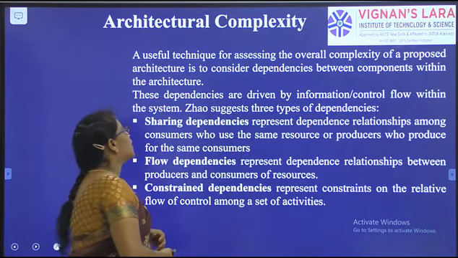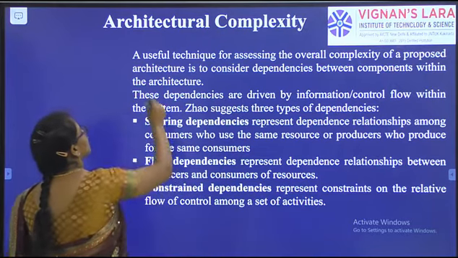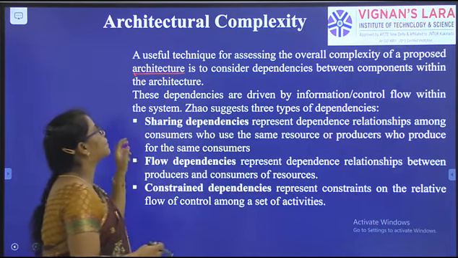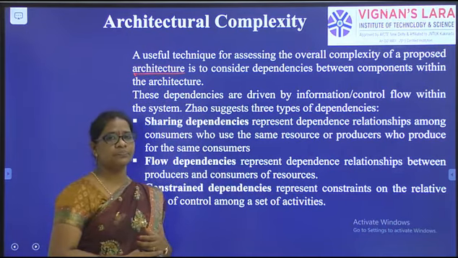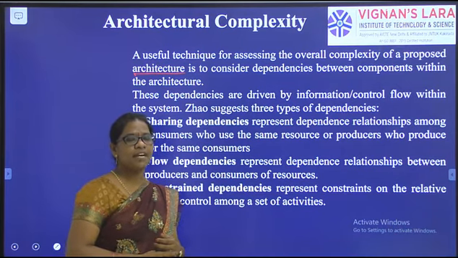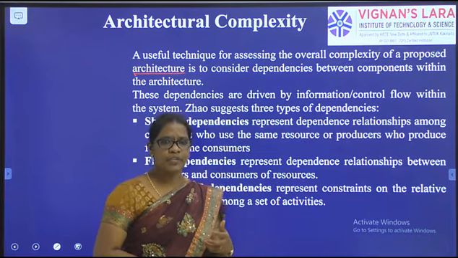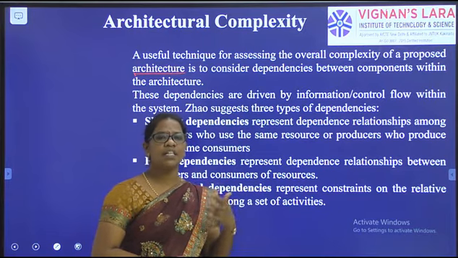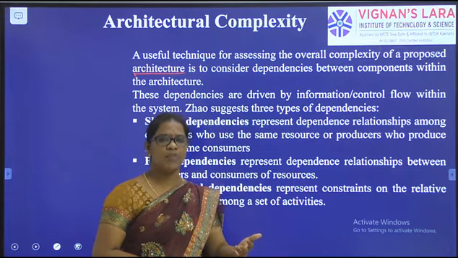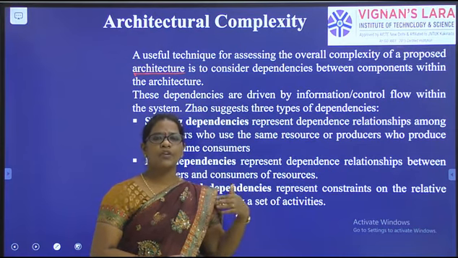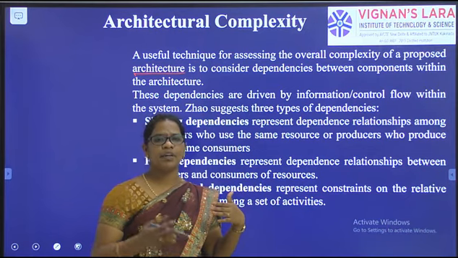A useful technique for assessing the overall complexity of the proposed architecture is to consider dependencies between the components within the architecture. That means there will be some components which are dependent on another component. For example, in the SafeHome security, the control panel will depend on the sensor.